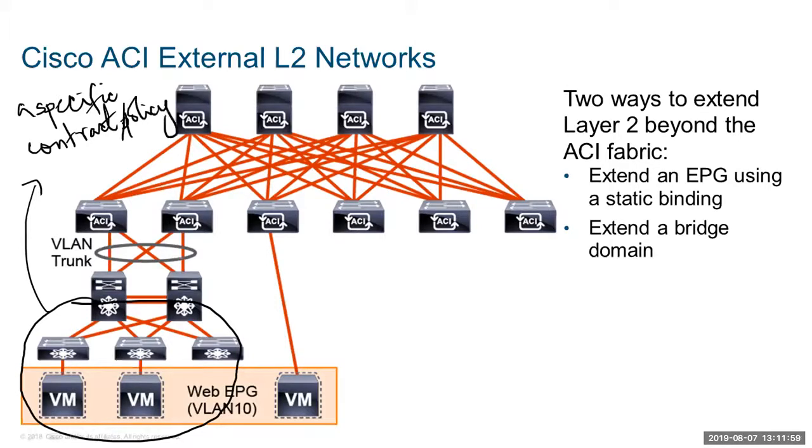Policy would be more what dictates the permissions and the layer 4 to layer 7 devices and the QoS settings for traffic into the fabric and towards hosts past these switches. You would then use what is called extending a bridge domain.